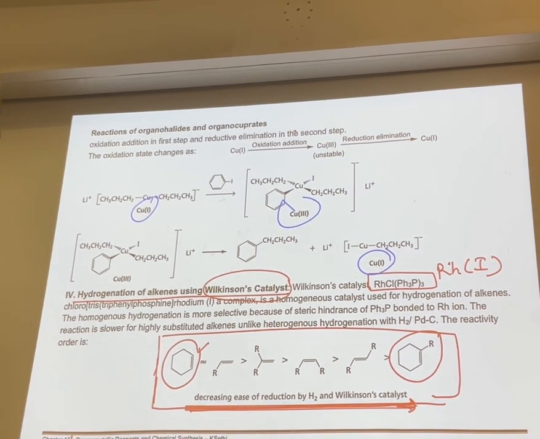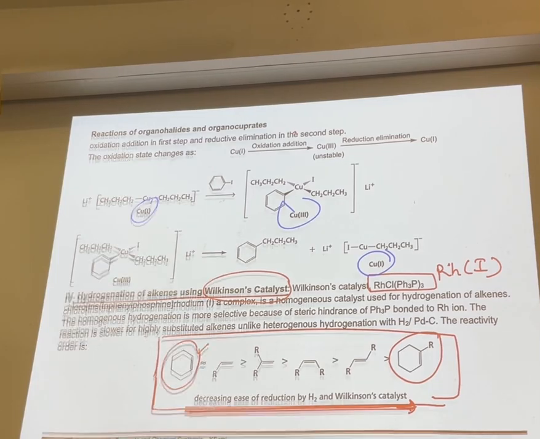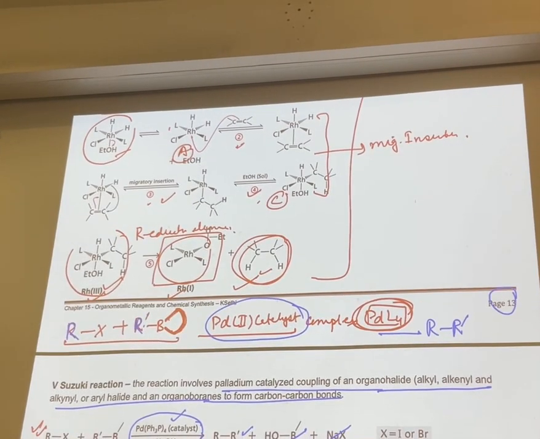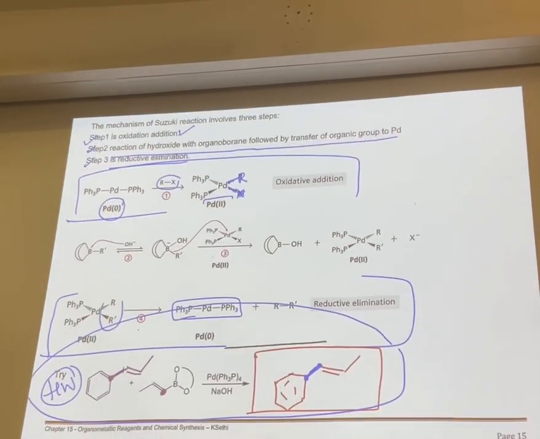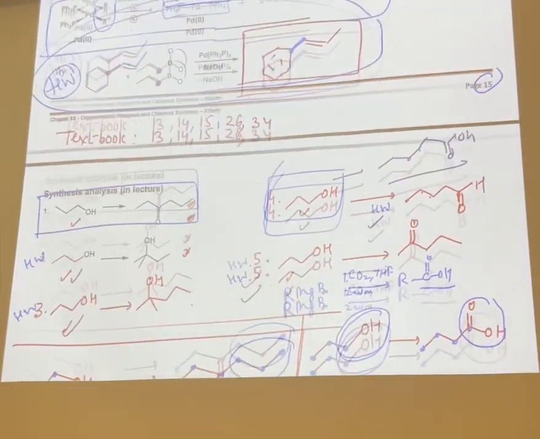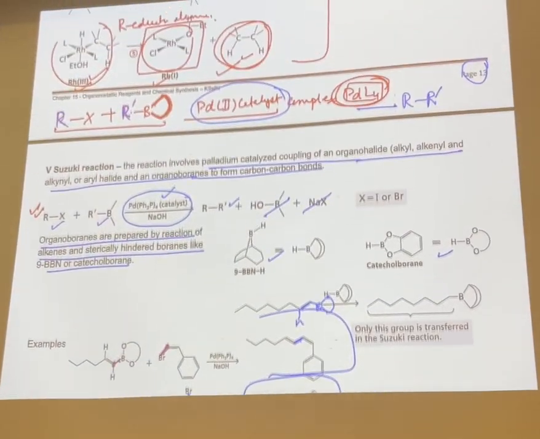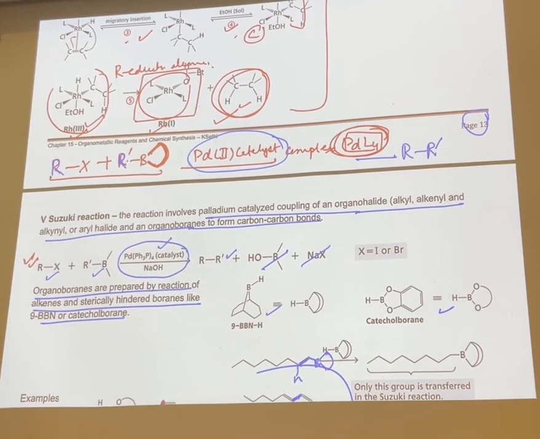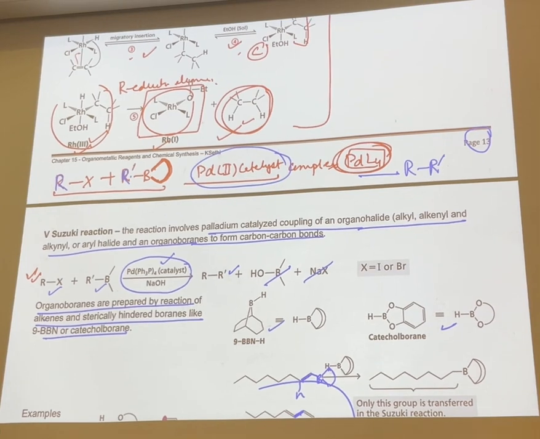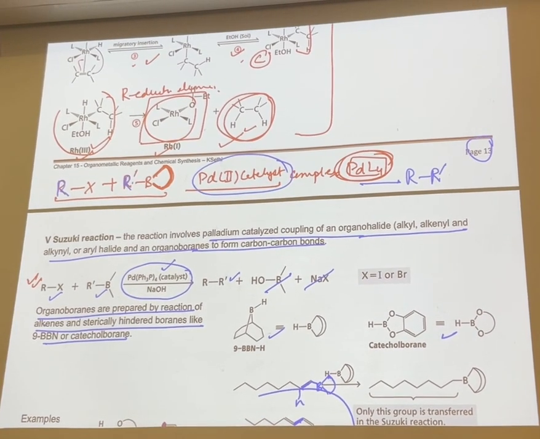So the rest of the slides, slides 12 and 13 and then slide 15, are just exemplifying those steps. I'm showing you an example of addition. I'm showing you an example of reductive elimination.